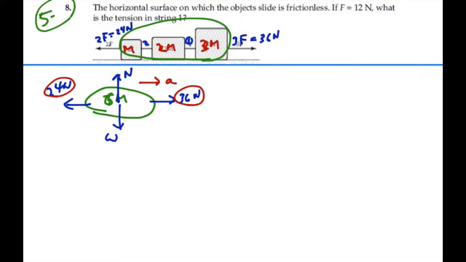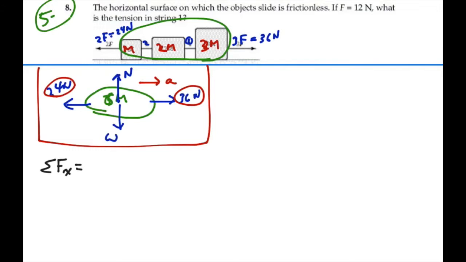If I set up Newton's second law based on this free body diagram, the summation of the forces in the x direction is equal to total mass times acceleration, and that is equal to the net force in the direction of the acceleration. Assuming the acceleration is our positive direction, my net force is 36 minus 24, or 12 newtons.